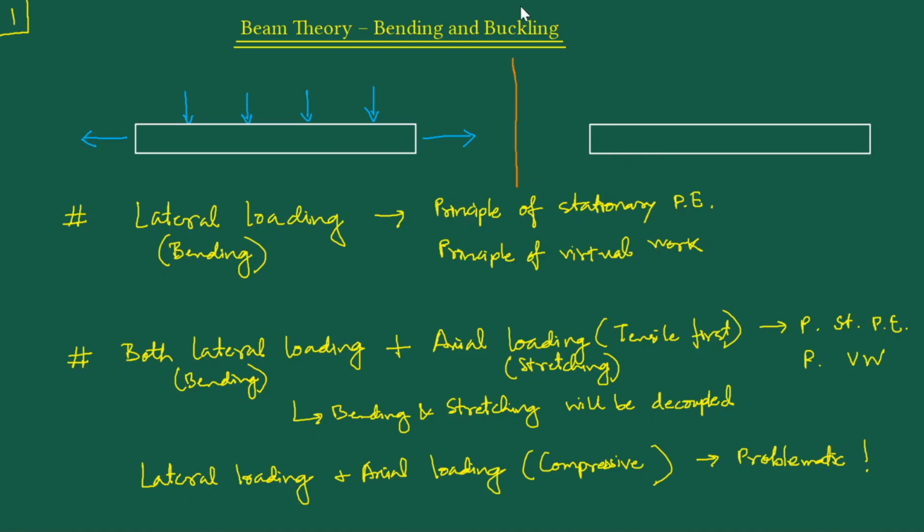So what I'm doing here is considering this kind of compressive load. Now we all know that when we apply this kind of compressive load, beyond a certain critical value of this compressive load, this beam is going to buckle. Whether you call it a beam or a column or a rod doesn't matter. If it is slender enough, and if this compressive force is high enough, then this thing is going to buckle.